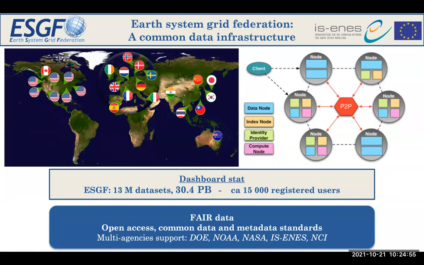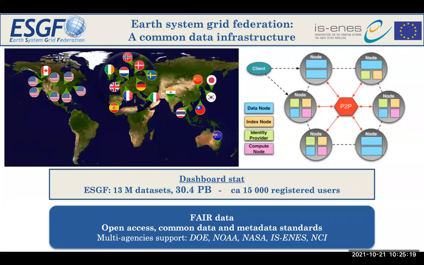This Earth System Grid Federation includes 13 million data sets and now reaches 30 petabytes with about 15,000 registered users. All those data are FAIR, completely open access, and include common data and metadata standards.